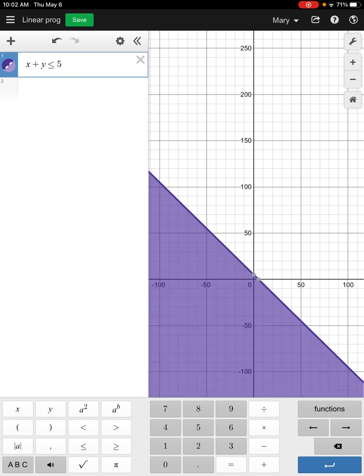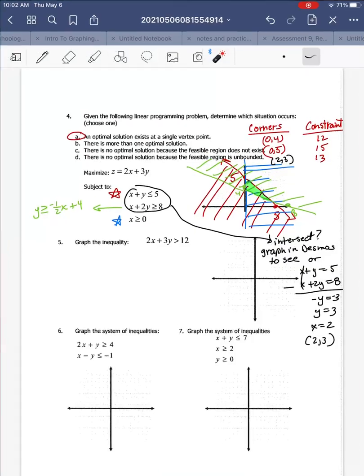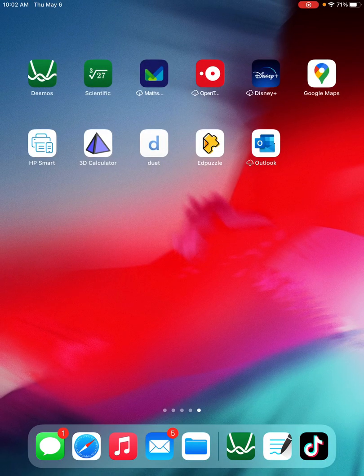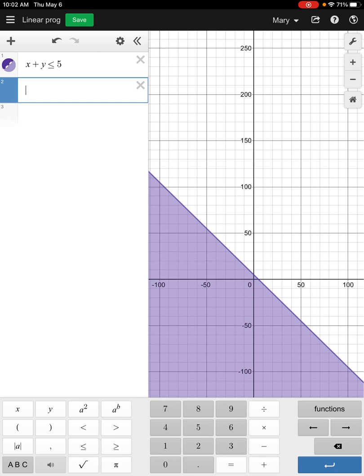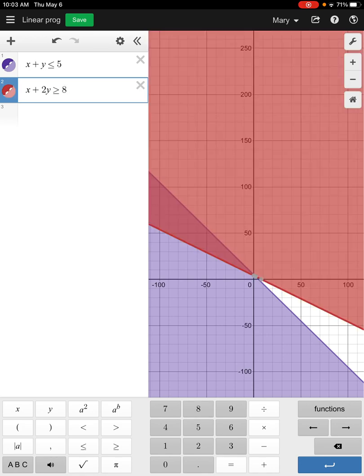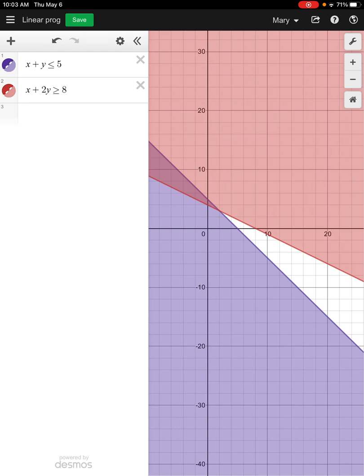And that was 5. And I forget what the other one was. x + 2y greater than or equal to 8. Okay, good. So we got x + 2y greater than or equal to 8. And of course, x is greater than 0, y is greater than 0.